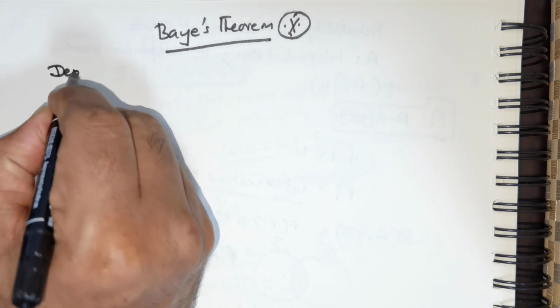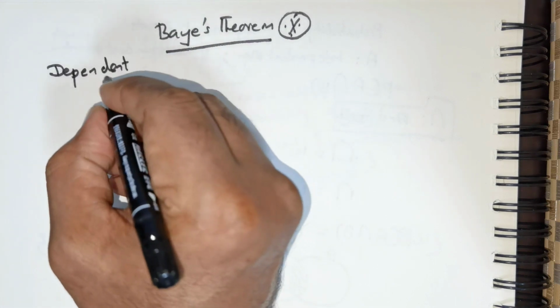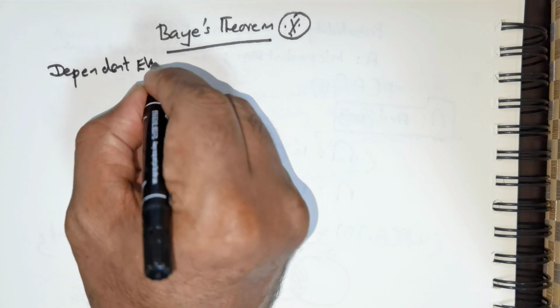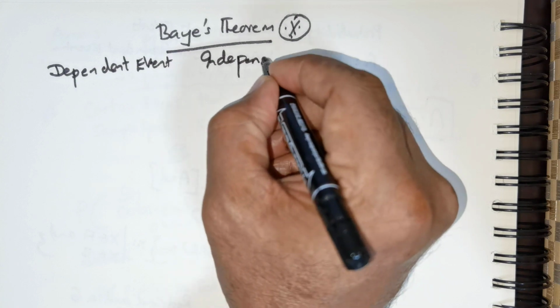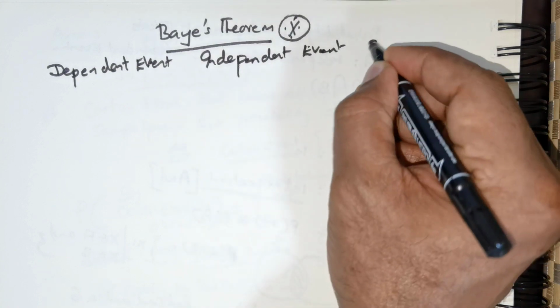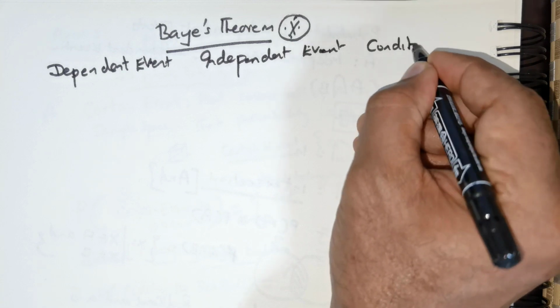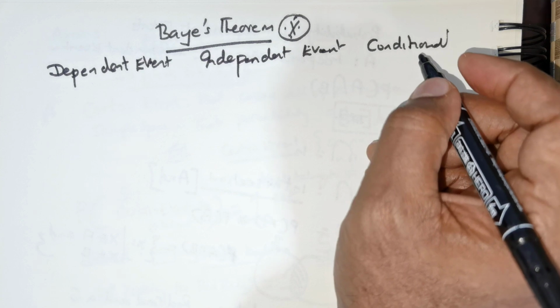the following terms. We need to know what is a dependent event, an independent event, and a conditional event.